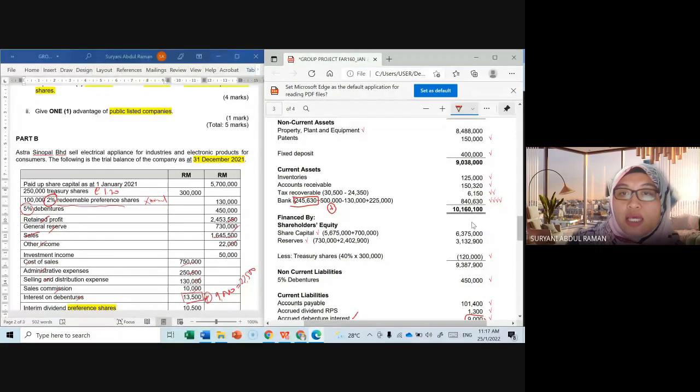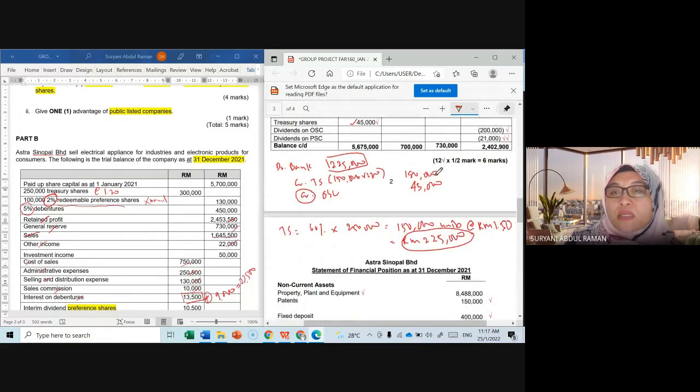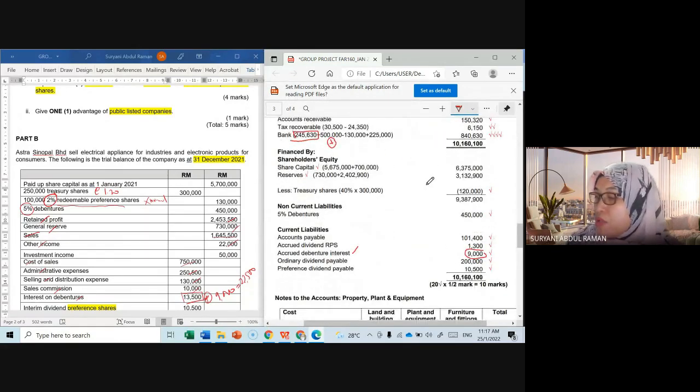Treasury shares daripada 300,000 tolak berapa tadi? 180,000. 300,000 tolak 180,000. Tinggal berapa? 120,000. Ataupun cara dia ambil 40% darab daripada 300,000 pun boleh.